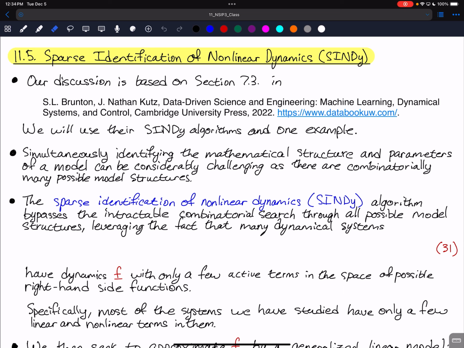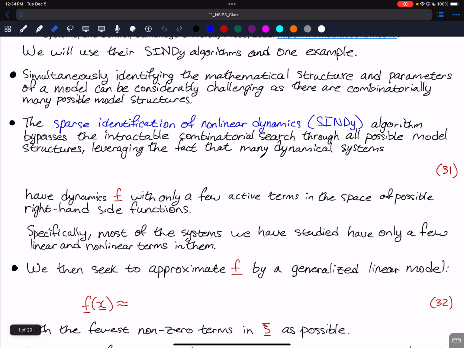So the SINDy algorithm is a method that tries to bypass that challenge by searching through all possible model structures and then leveraging the fact that the dynamics of many dynamical systems, and here we're talking about systems like x dot is equal to some function f of x, where f is a vector and x dot and x are both vectors, have some kind of dynamics f that will only have a few active nonlinear terms in the space of all possible functions or terms that could exist.